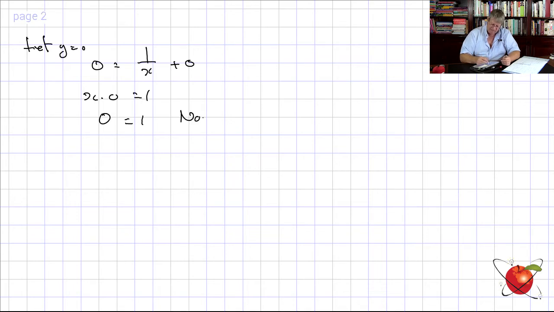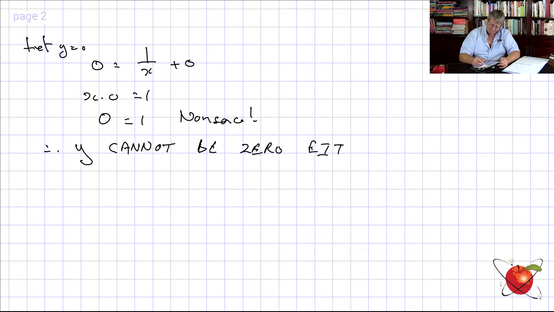This is patently nonsense. It can't happen. Therefore, y cannot be 0 either, which means the y-axis is an asymptote.